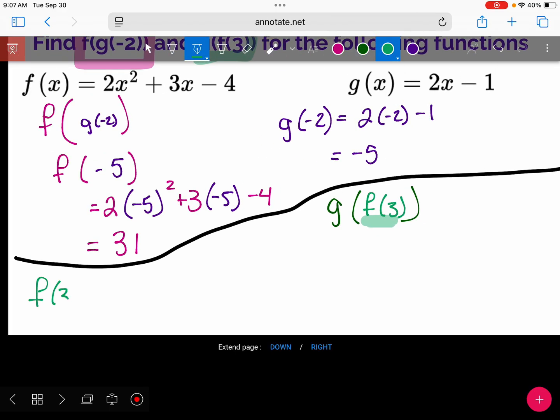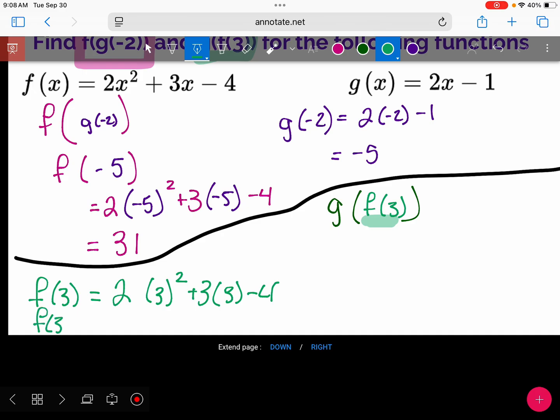F of 3 is our 2, substituting in that 3, plus 3 times 3, minus 4. And what do we get there? Our f of 3 is going to be 23.